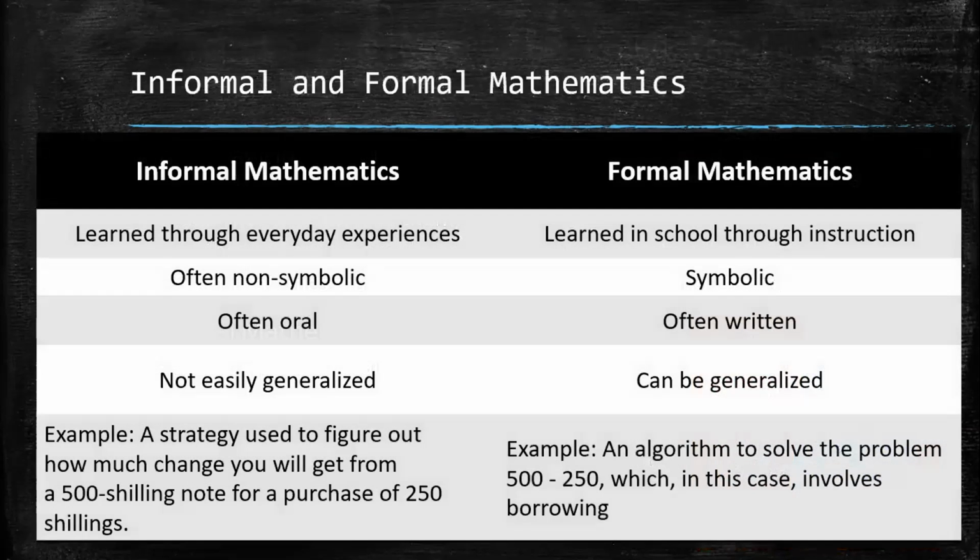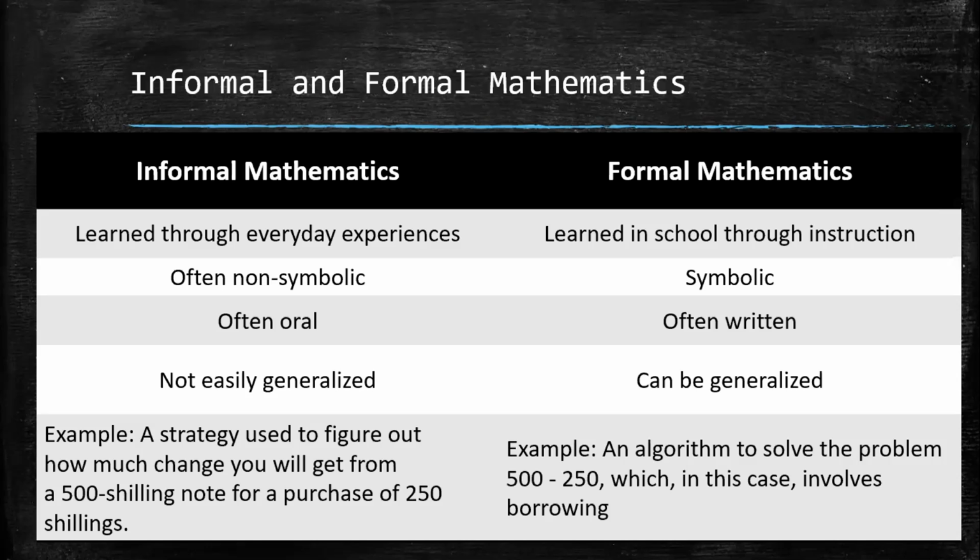So this is another way of looking at the difference between informal mathematics and formal mathematics: every day learning versus being learned through school, the generalizability. And I think the examples again give a nice illustration or picture of how that works. In many places, children may be going to the market to do some shopping, but they may be always using the same notes.